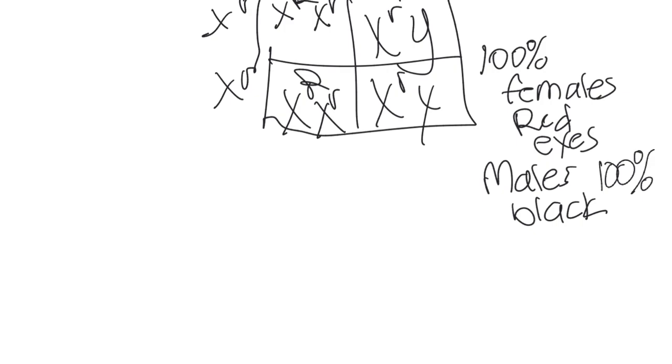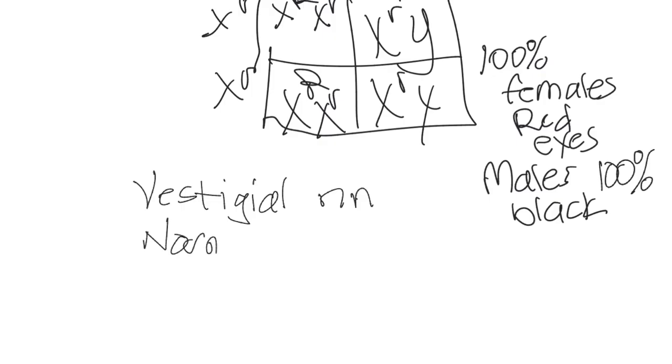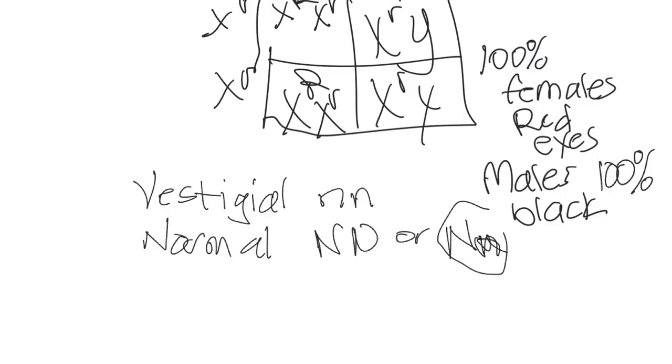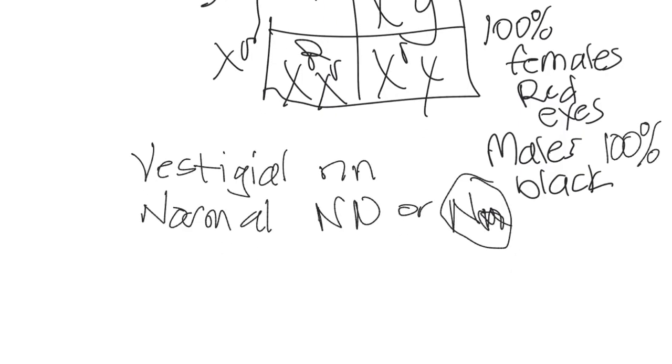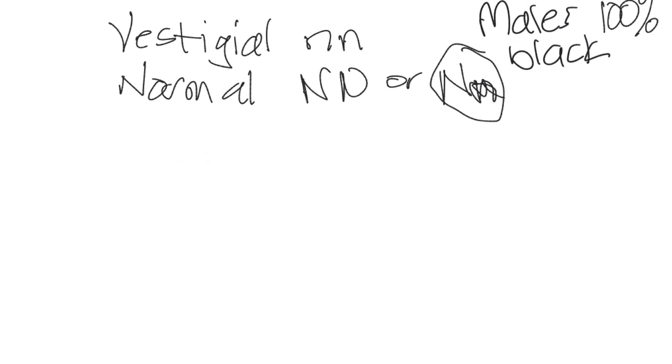Now we do wings, and wings is just a regular old Punnett square. Vestigial wings is recessive, so those would have to be, I'm going to use the letter N, little n, little n. Normal, what we call wild type wings, would be big N, big N, or big N, little n. Because it's AP, they want to make it more difficult, so I'm going to assume a heterozygous parent. We're crossing a male with normal wings, so I'm going to use this for him, with a female with vestigial wings.